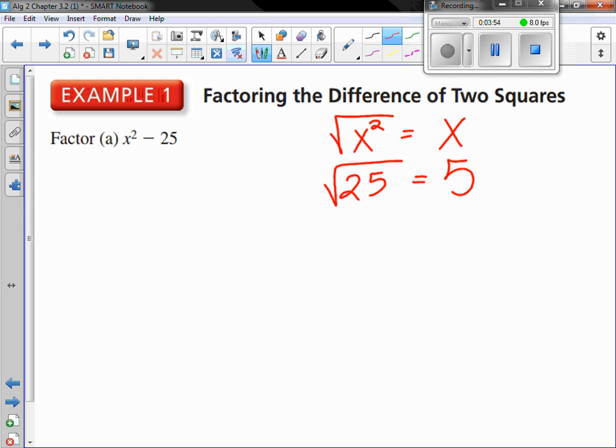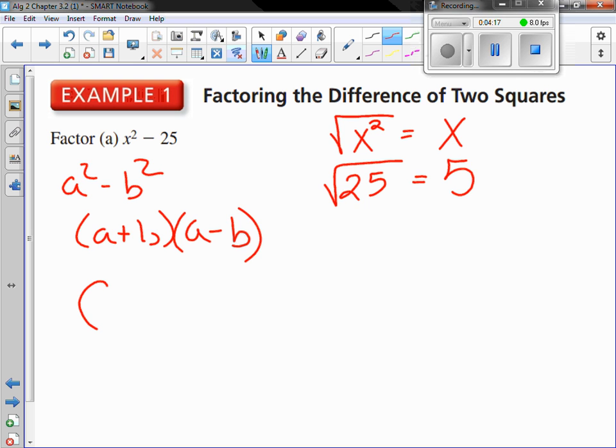So is this a difference of perfect squares? Yes, because I have two things being subtracted, I don't have a middle term, x squared is a perfect square, and 25 is a perfect square. Now we're modeling this off of a squared minus b squared equals a plus b times a minus b. In our case, what is the value of a? A squared was the first one, so a is just x.